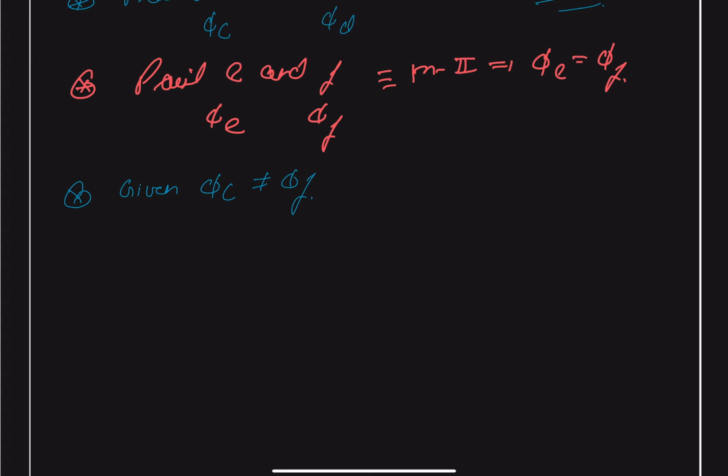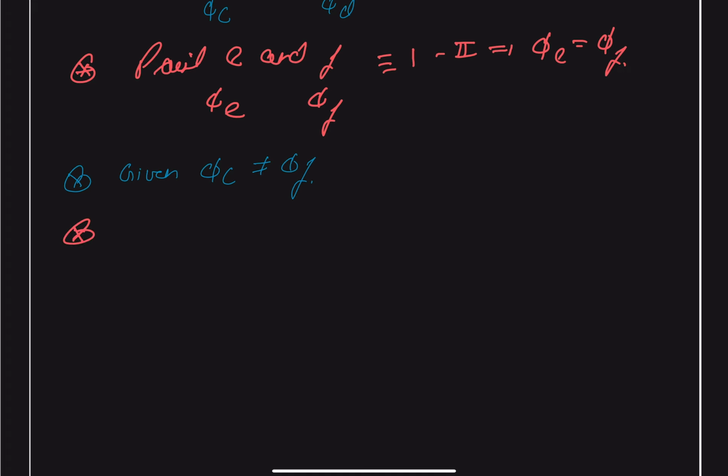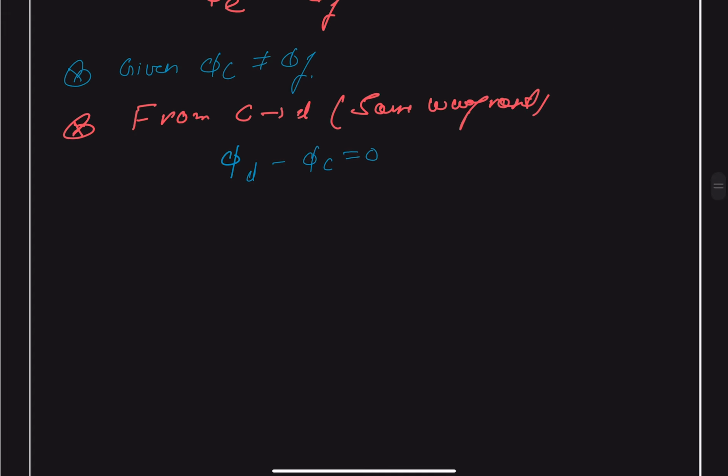So from C to D, it is the same wavefront, so we can write that phi of D minus phi of C will be equal to 0, and similarly from E to F we get phi of F minus phi of E will be equal to 0.